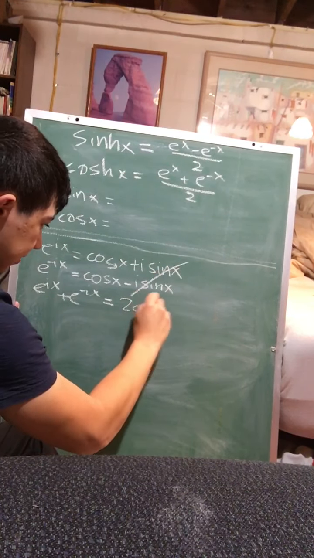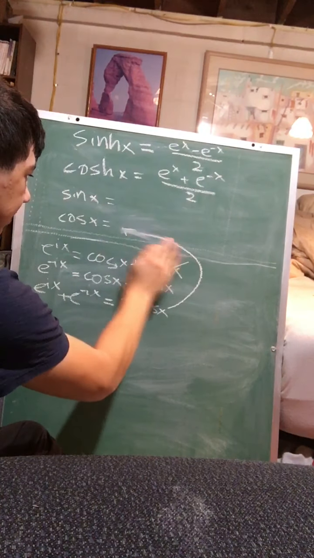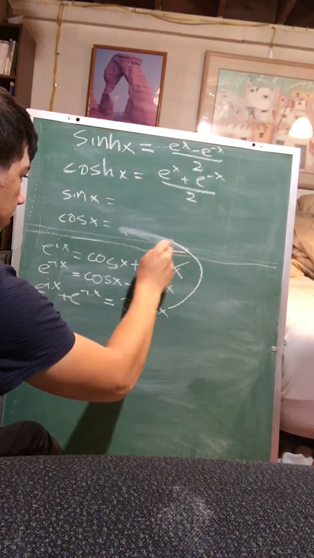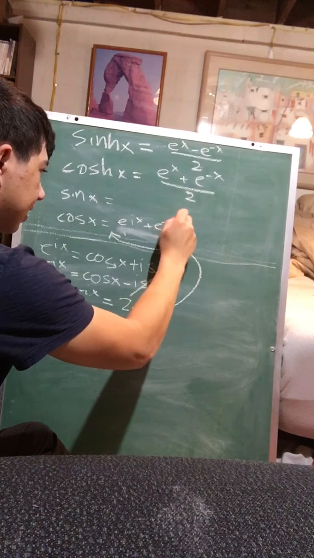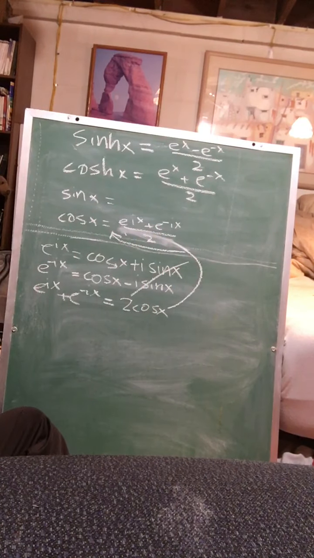And very quickly realize from this that cosine x is equal to e to the ix plus e to the negative ix all over 2. Would you look at that?